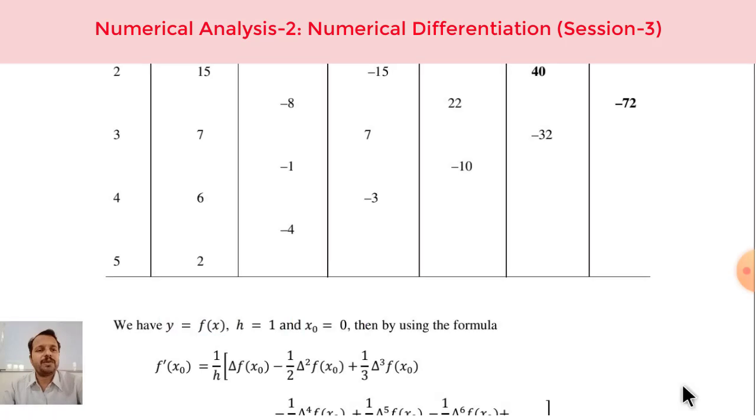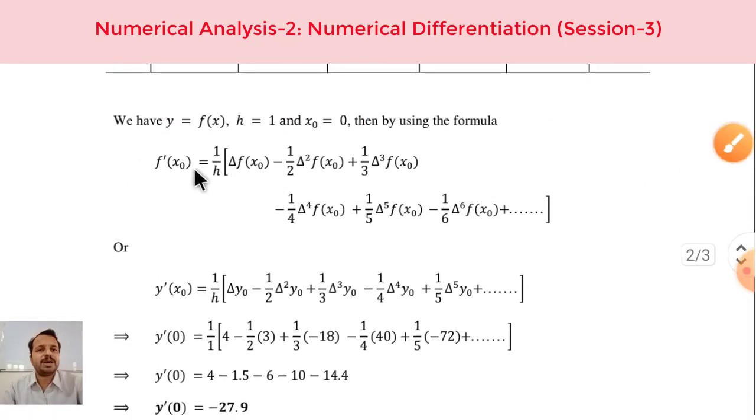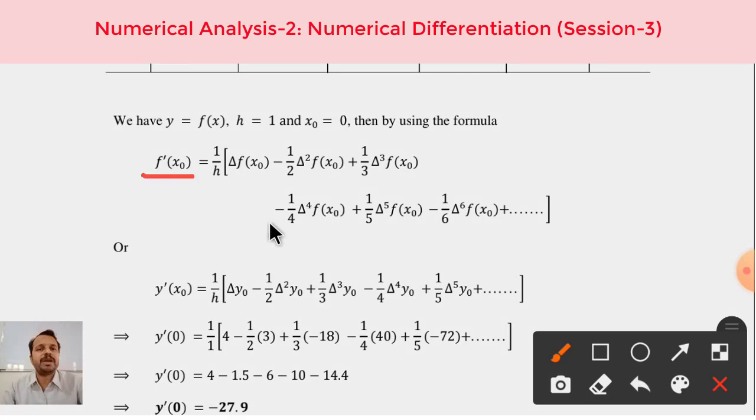So therefore, by using the same formula of first order derivative, I have written the formula once again here, and in this formula we have to substitute the known values. So h value is 1, that I have written over here 1 by 1. In this particular step you can observe f is replaced by y.